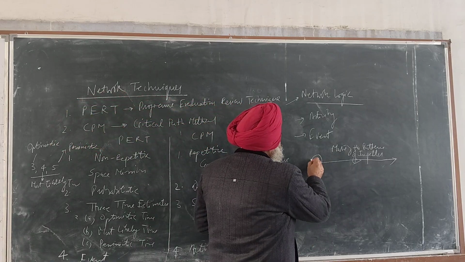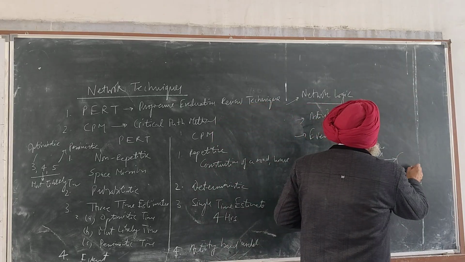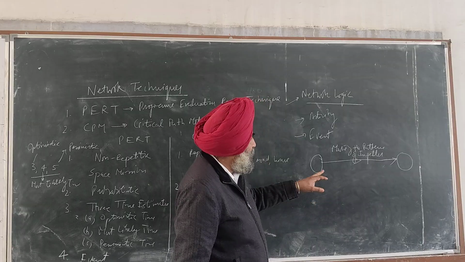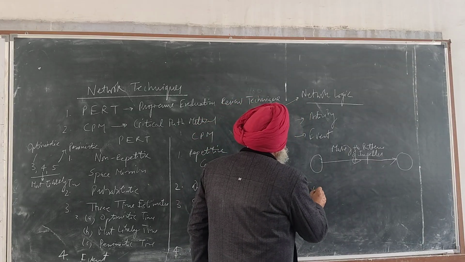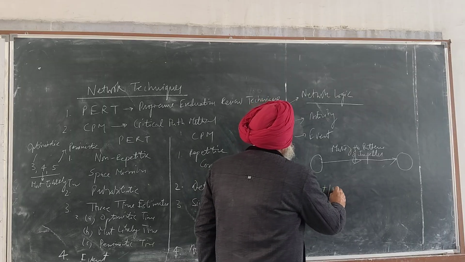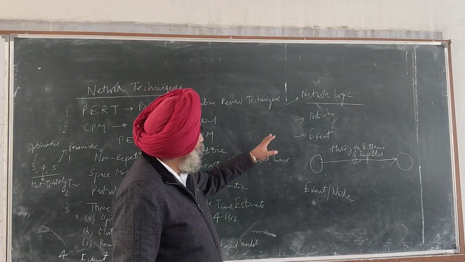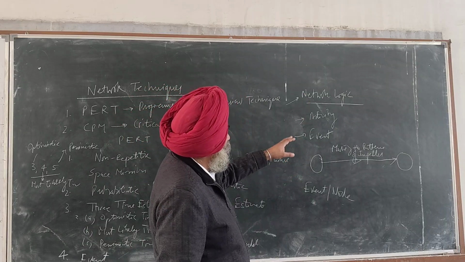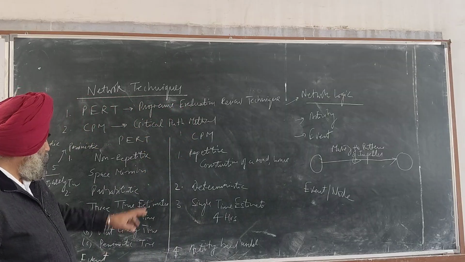If I put a circle at the tail end, this is the tail end, and this is the head end, on the arrowhead side, which is the direction. These two circles are known as event. Event, or the other name is node. So in network logic, there are two terms related to PERT and CPM.